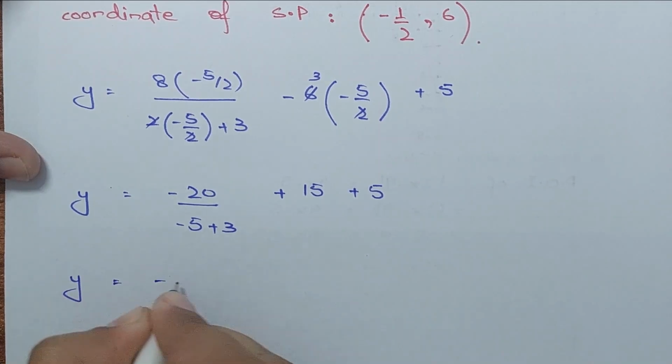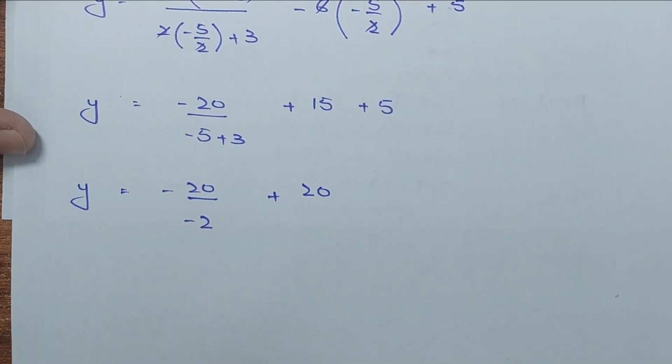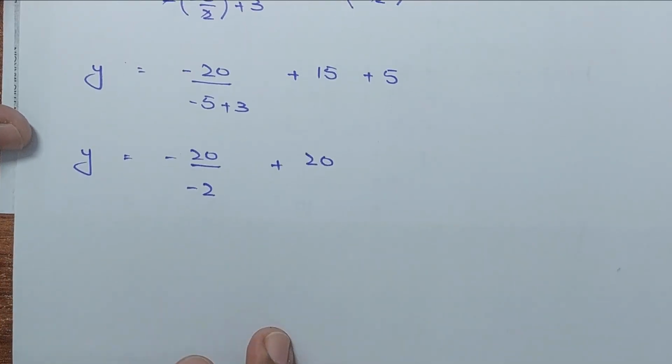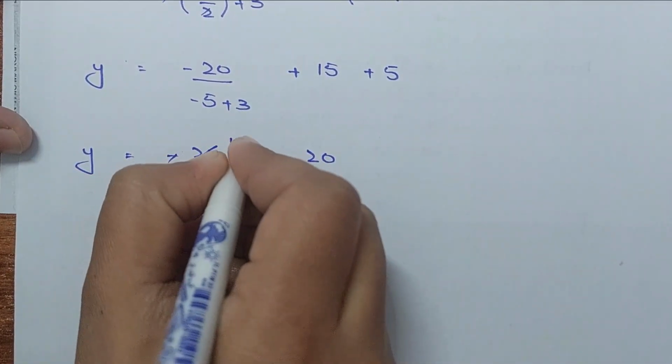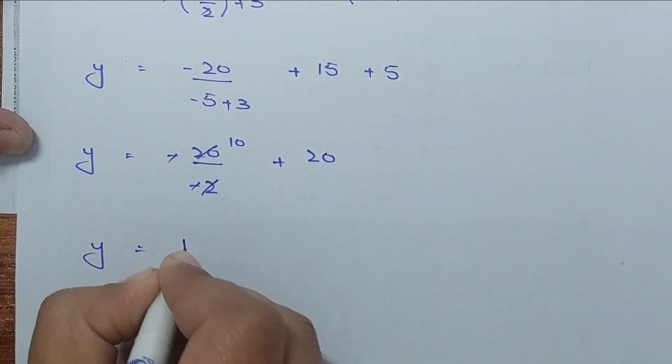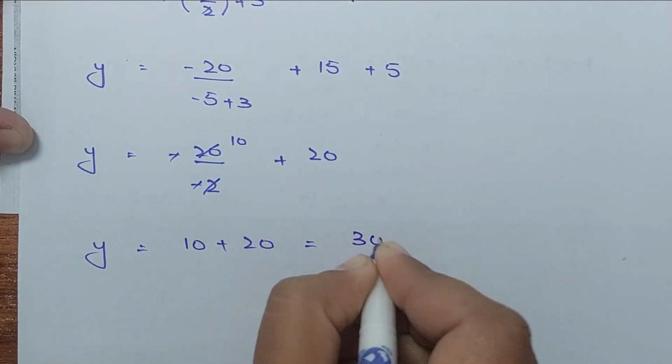So here y would be equal to negative 20 over negative 2 plus 20, because 15 plus 5 is 20, and from 5 take away 3 is negative 2. Negative is cancelled with negative, 2 times 10 is 20. So y is equal to 10 plus 20. So this y coordinate is 30.